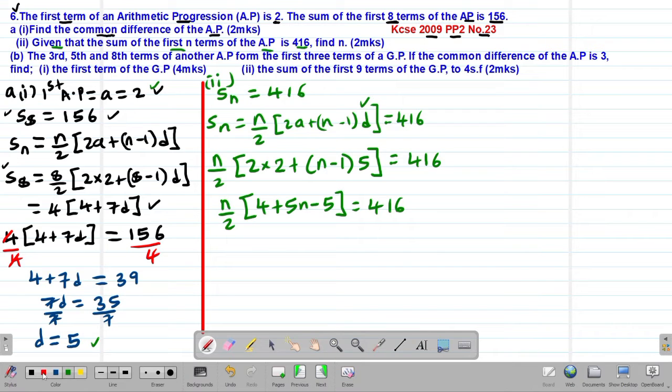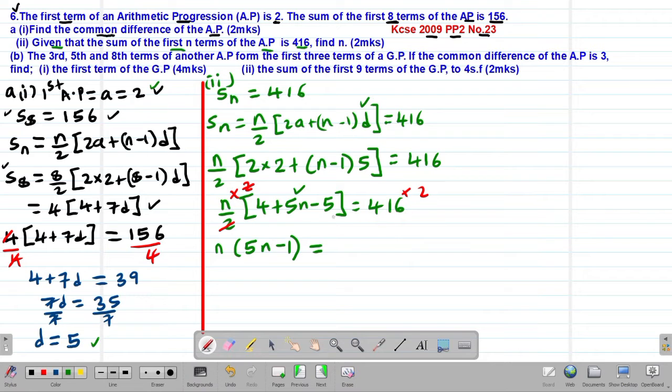Then this one should give me 416. To simplify this, I'll multiply through by 2 just to eliminate the fraction to make my working easier, so that 2 and 2 can cancel out. I'm going to remain with n into bracket. I can also simplify the numbers within the bracket. I'll have 5n, 4 minus 5, I'll get -1. Then close the bracket, equals 416.